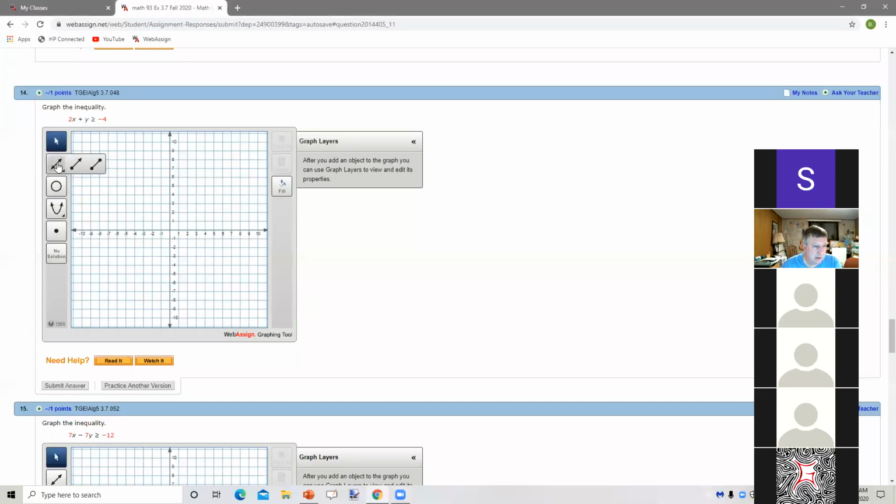So I'm going to click on the line till it turns blue. I'm going to click on the y-intercept of -4. The slope is -2, so I'm going to go down 2 and over 1. Click there to make it solid. Now, this was y is greater than or equal to, so that means I want to leave the line solid.